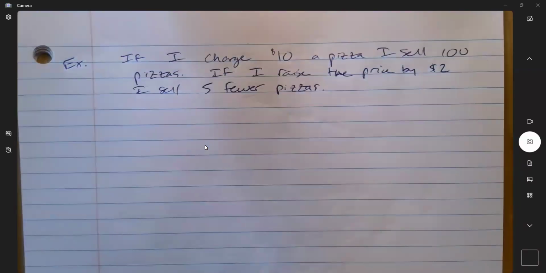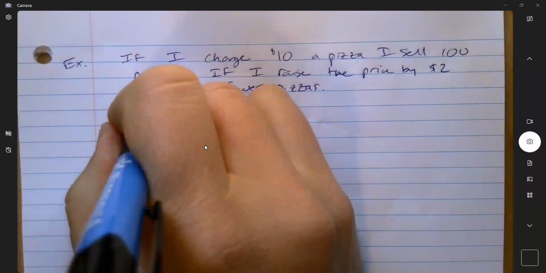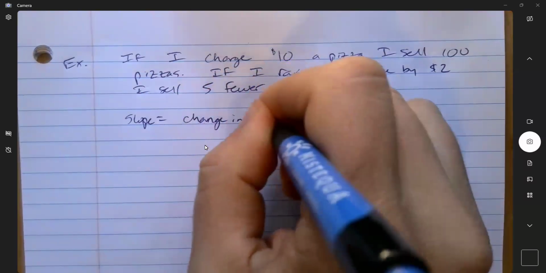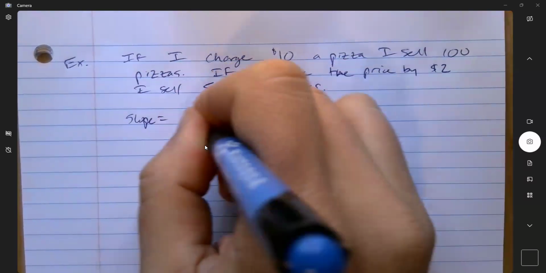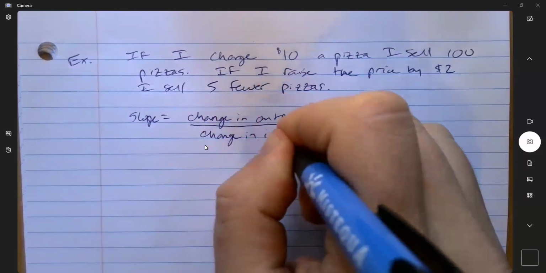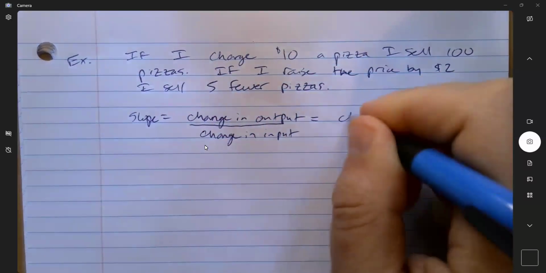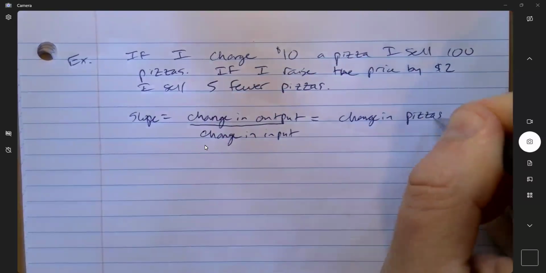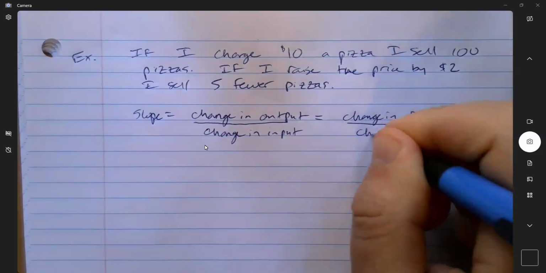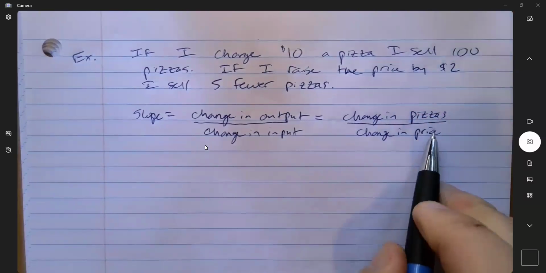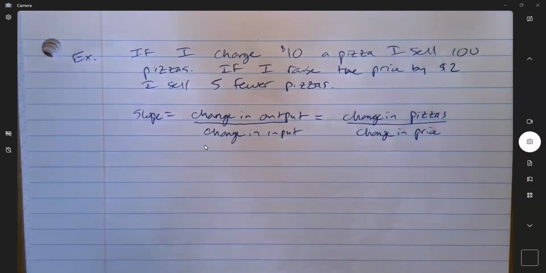So this word question contains a slope and a point. The slope is the change in output divided by the change in input, which in this case is the change in the number of pizzas divided by the change in price, because I decide the price, and that'll determine how many pizzas I sell.